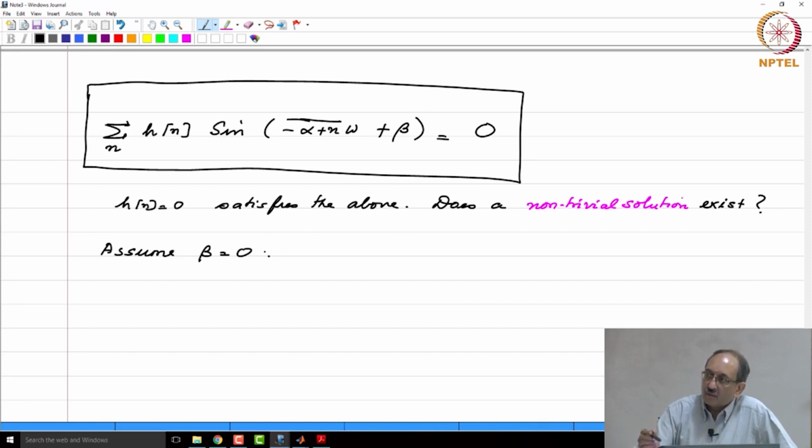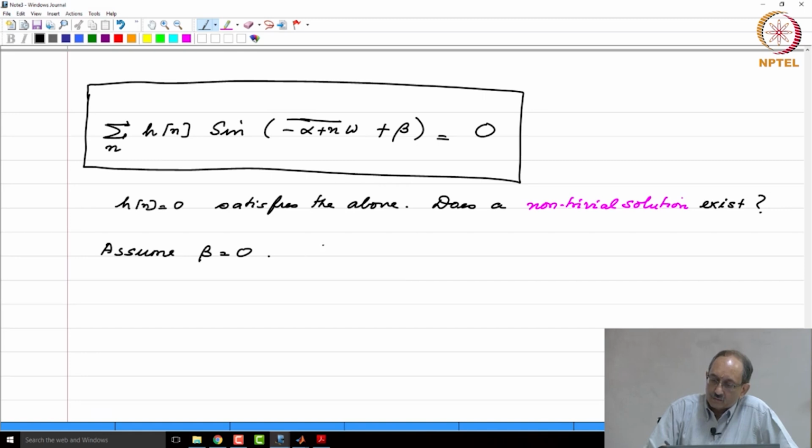Then in general, n from the basic definition of the DTFT should go from minus infinity to plus infinity. Now you are going to restrict yourself to the case n going from 0 to capital N minus 1. So we are now looking at the FIR filter case.